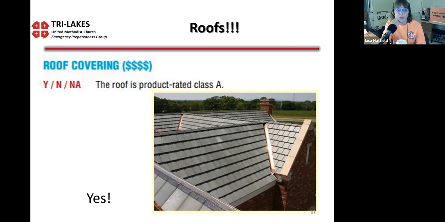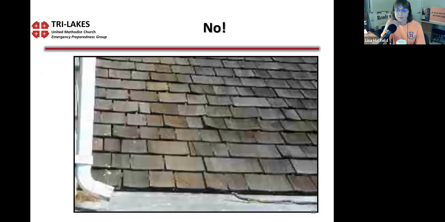So first question is, do you have a Class A roof? That would be concrete or clay tiles, fiberglass, asphalt composition shingles, or metal. And we'll look at more examples next.